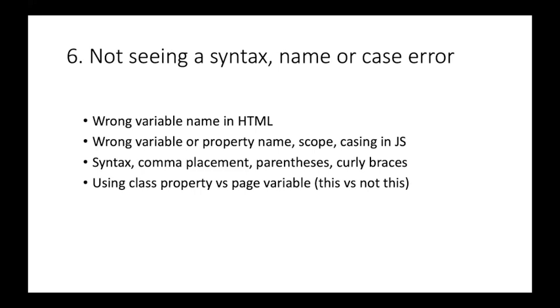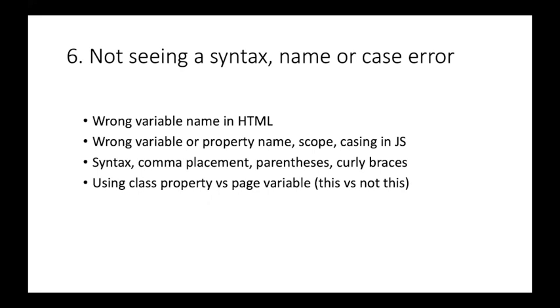So some examples of what you could do wrong: you're using the wrong variable name in the HTML. That's why you never see whatever you have created, or a property is not visible on the page, because you're using the wrong name. If the variable or property name, or even the scope of it, is wrong in JavaScript, you can really have issues.